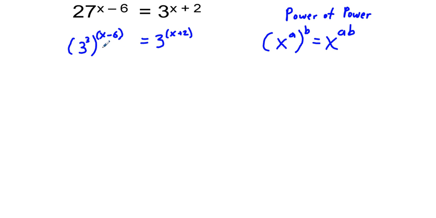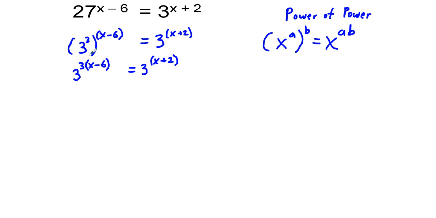Now we can use this power of a power rule and rewrite the left side of the equation as 3 to the power of 3 times the quantity x minus 6. That's going to be equal to the right side, which is 3 to the power of x plus 2. I'm parenthesizing the exponents here just to make them clear.